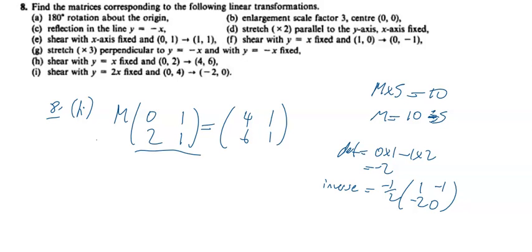Okay, right. So what we've got, if we want to get m on its own, we're going to have to do m times that thing, your matrix, times the inverse, which was minus a half, times 1 minus 1 minus 2, 0. So you've got to put the matrix and its inverse beside each other. And notice my inverse has gone after everything on the left hand side, so my inverse has to go after everything on my right hand side.